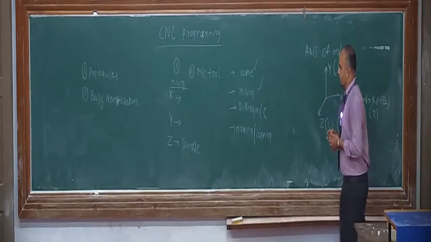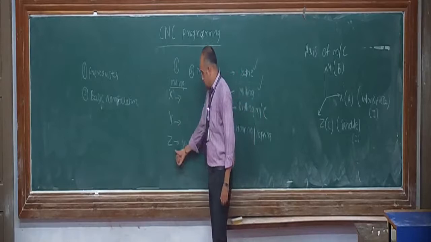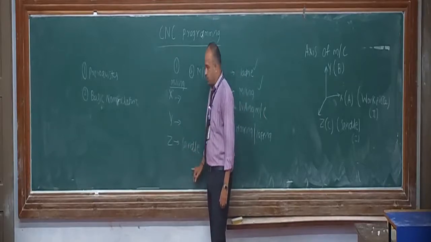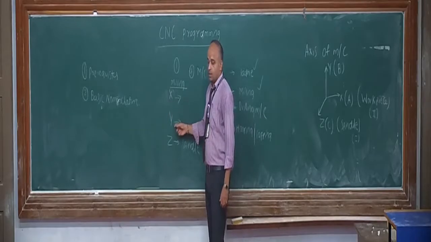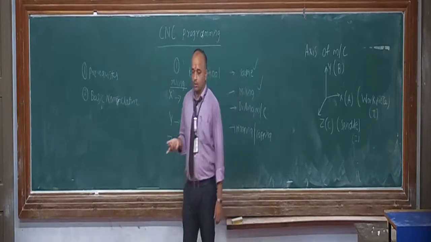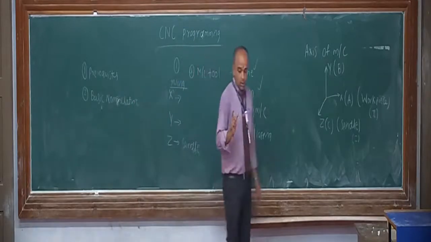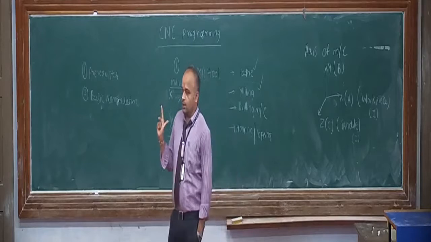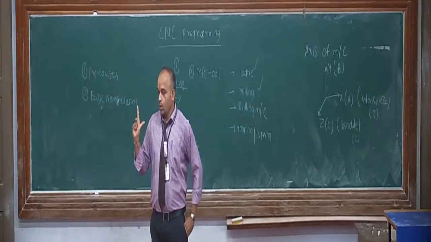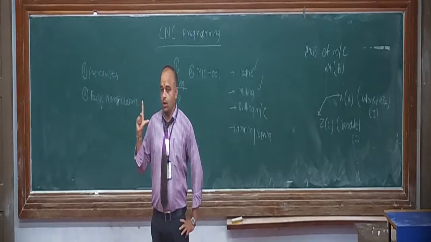Now in case of milling machine, there are 3 different axes, that is x, y, and z. Again, z is going to represent the spindle, and x is going to represent the workpiece, and y is going to represent one more dimension of the workpiece. So as I had told, horizontal milling machine means what? You have to hold your hand, that is the right hand rule, hold your middle finger in the horizontal axis, all the 3 fingers held perpendicular to one another.